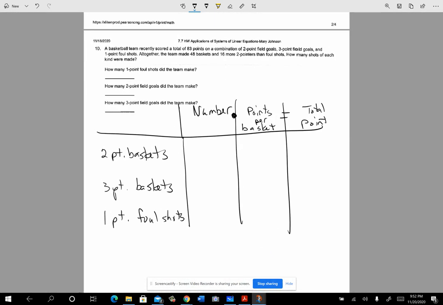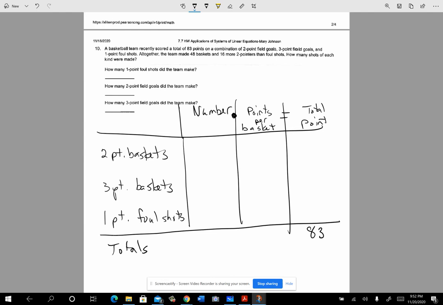So a basketball team recently scored a total of 83 points. All right, so this is going to be my totals area. 83 points doesn't represent the actual number of 2-point, 3-point, 1-point shots. It's over here. The total points for the game was 83.